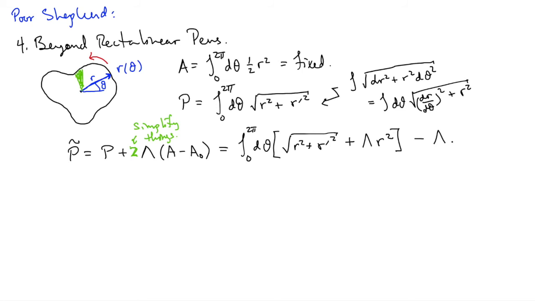Minus lambda A naught, and it's going to turn out that that constant isn't going to affect anything at the end of the day. So I'm just going to keep it around for now, but it won't matter. It's formally necessary to get our area to be fixed to A naught, but we're going to see it's going to drop out of all the equations we write down for r.